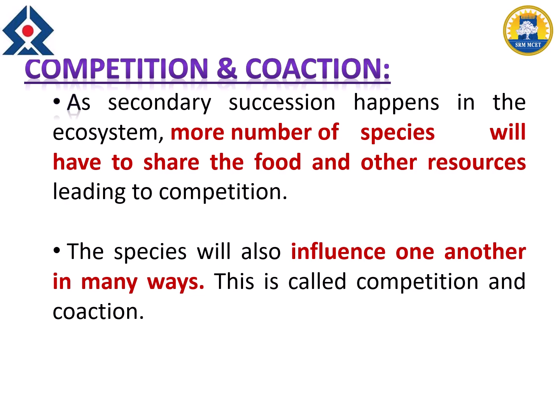So among the species or between different species, there is a chance for competition. At the end of this competition, maybe the dominant species will remain, or others may move away, or be killed. That we call competition and coaction.